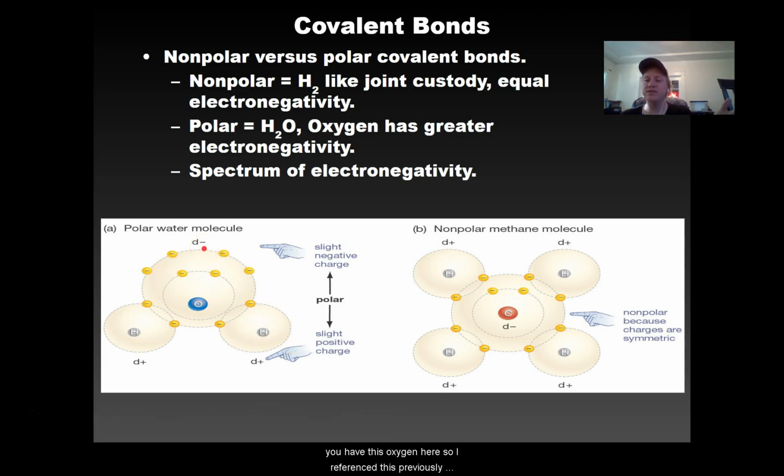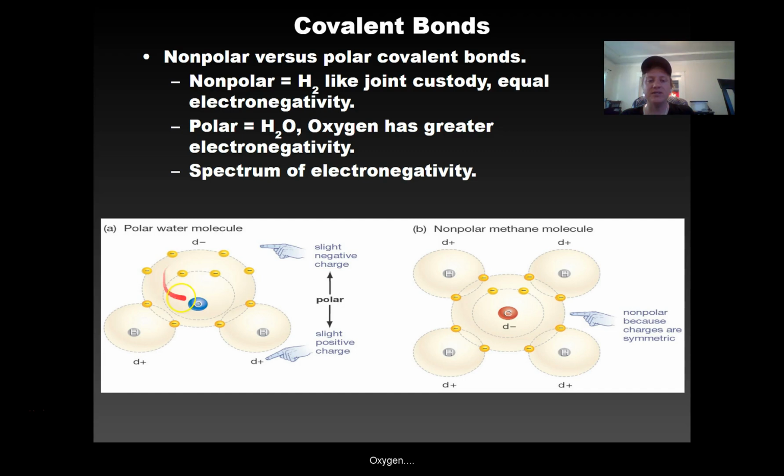So I referenced this previously, but I'd like to go into a bit more detail now. Hydrogens and oxygens have a big difference in their electronegativity. And electronegativity means how much that particular atom wants to pull on the electron. Electronegativity means how much an atom wants to pull on the electron.